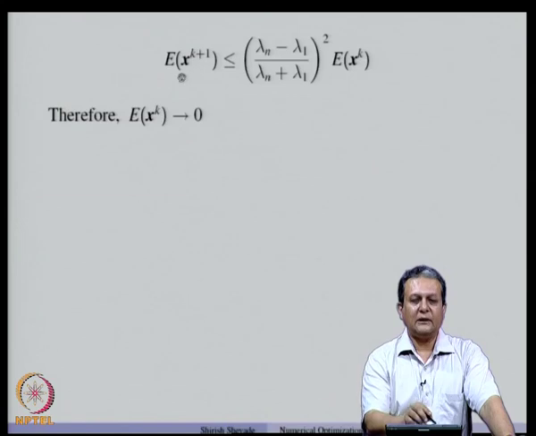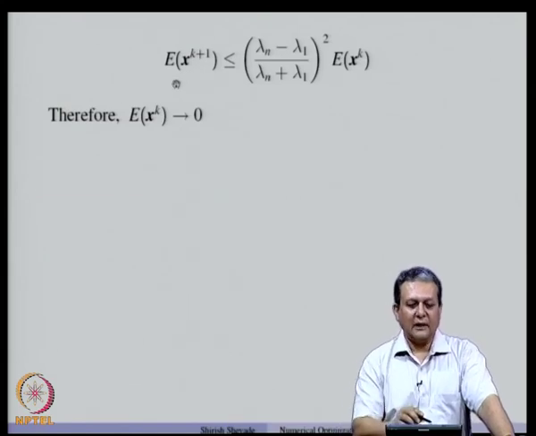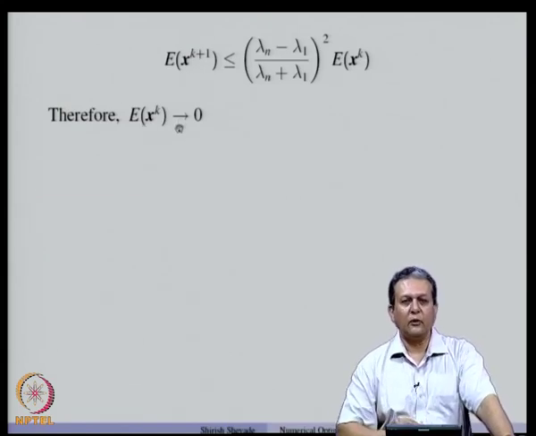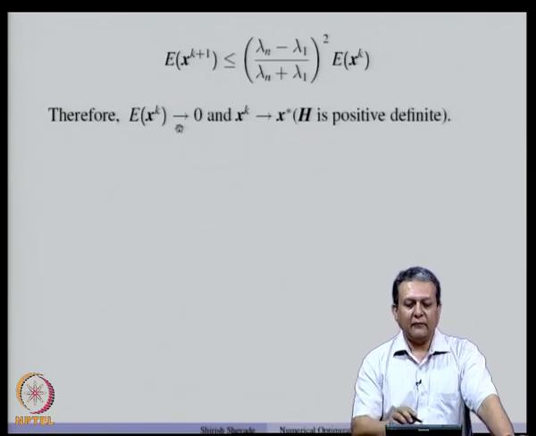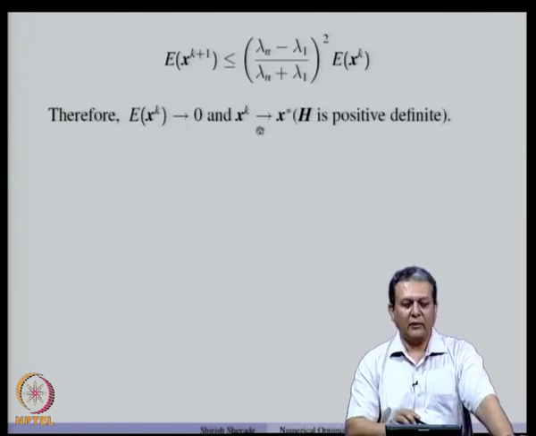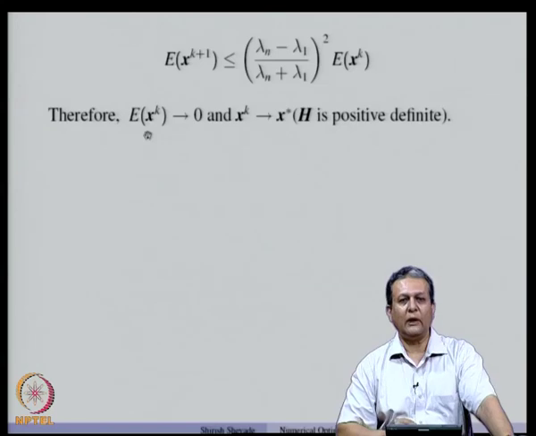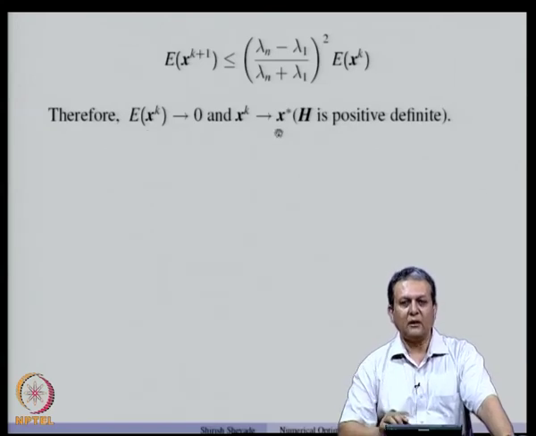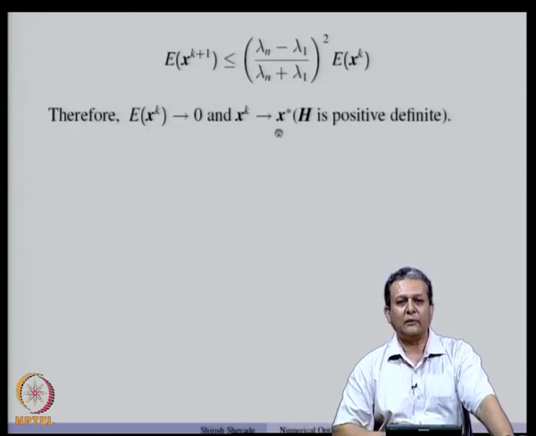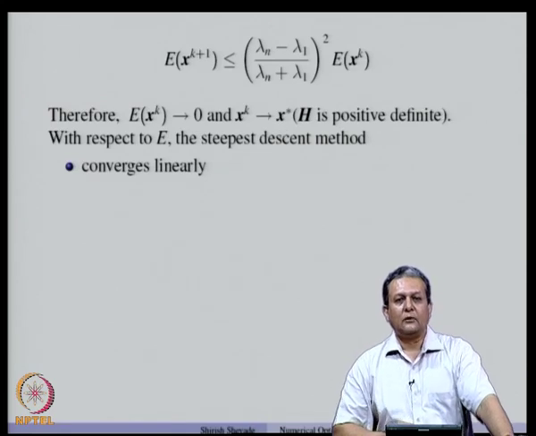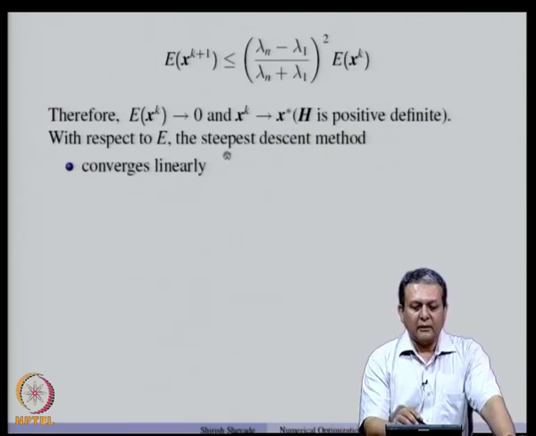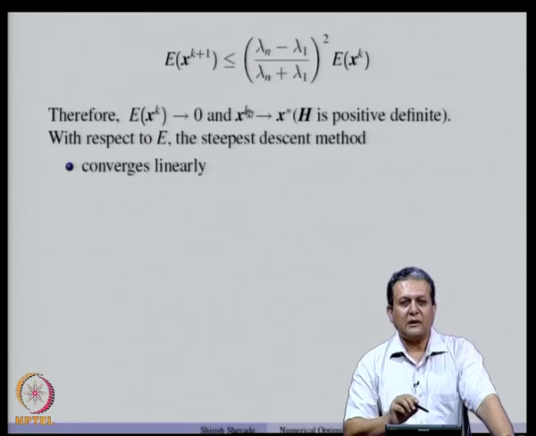So, we have a decreasing sequence of E of x k, that sequence will tend to 0 and x k will tend to x star. So, when this E of x k goes to 0, we have x k which goes to x star, because H is a positive definite matrix. So, with respect to E, the steepest descent method converges linearly.